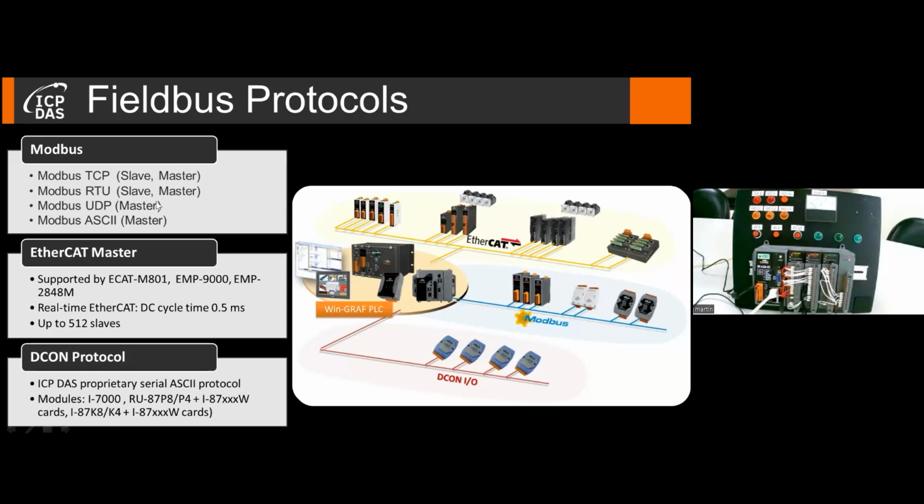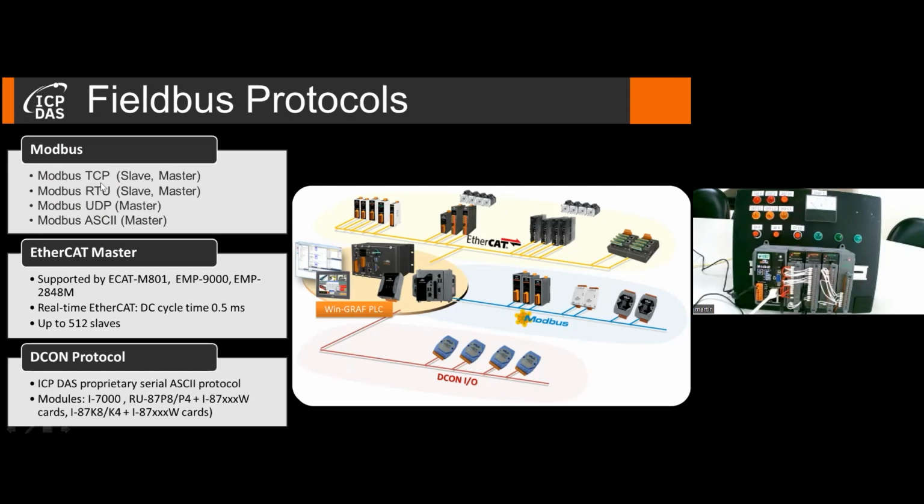Several fieldbus communication protocols are supported by our PLC controllers. All PLC controllers support Modbus TCP, RTU, UDP, and ASCII. In addition, they support multi-master and multi-slave functionality. One PLC can act as a multi-master or multi-slave.